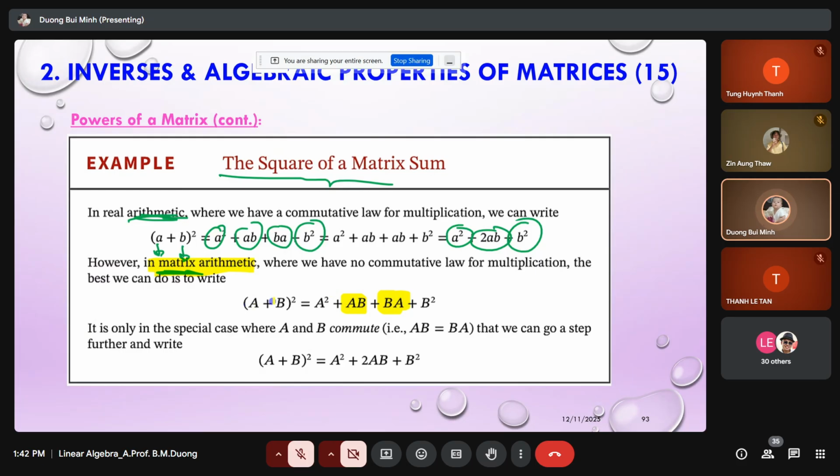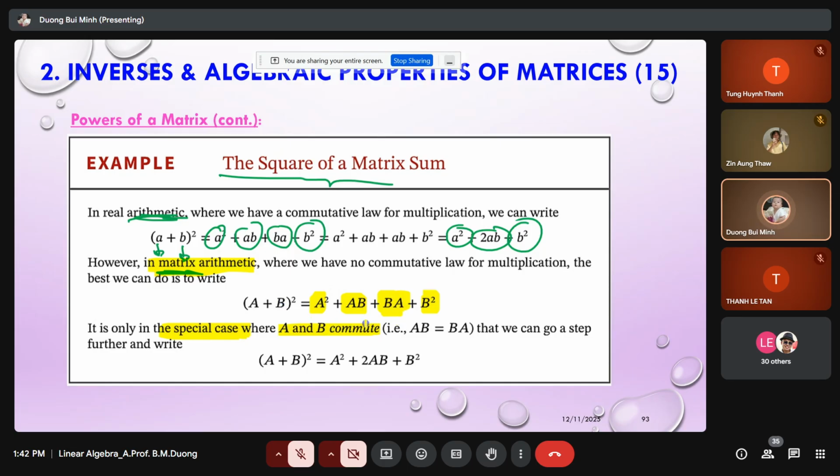So here we have A plus B totally squared is A squared plus AB plus BA plus B squared, because normally A times B is different from B times A. But we have a special case. If A and B commute, what does this mean?